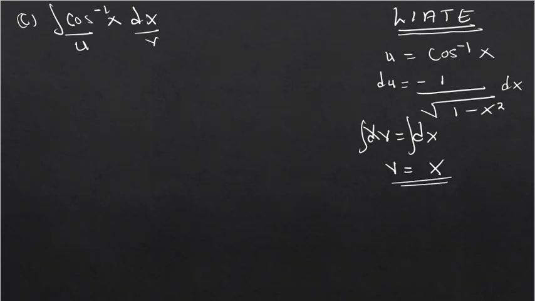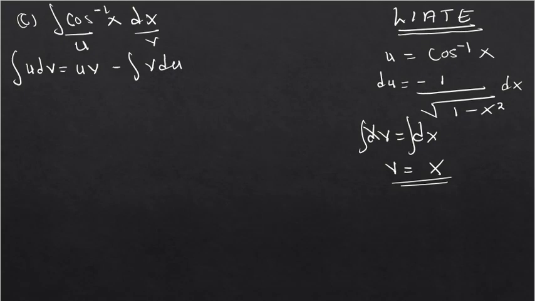From here, I can use my formula: the integral of u dv is going to equal uv minus the integral of v du.